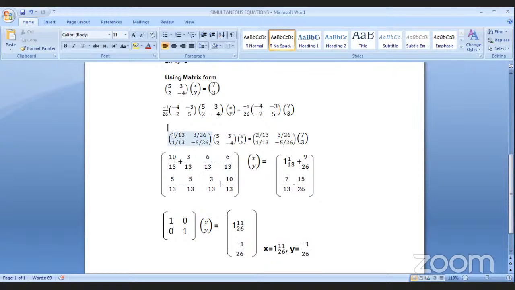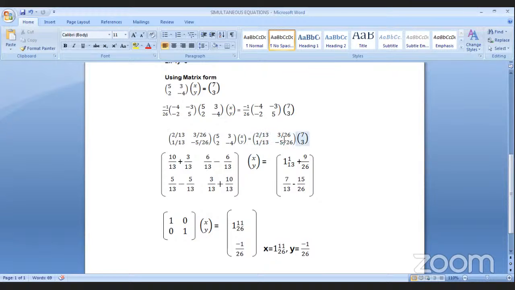Then 2 out of 13 times 3, get 6 out of 13, and 3 out of 26 times negative 4 will be negative 6 out of 13. 1 out of 13 times 3 gives 3 out of 13. Negative 5 out of 26 times negative 4 gives 10 out of 13.